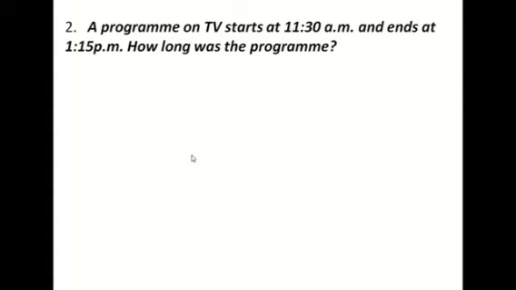Yes? So here what we can write, 11:30 a.m. means 11 hours 30 minutes. 1:15 p.m. means what we can write? It is p.m. so we can add 12 with 1. So it will be 13 hours 15 minutes.